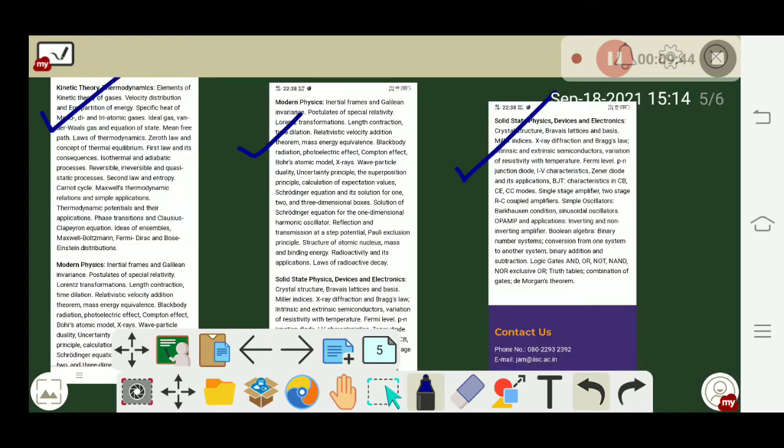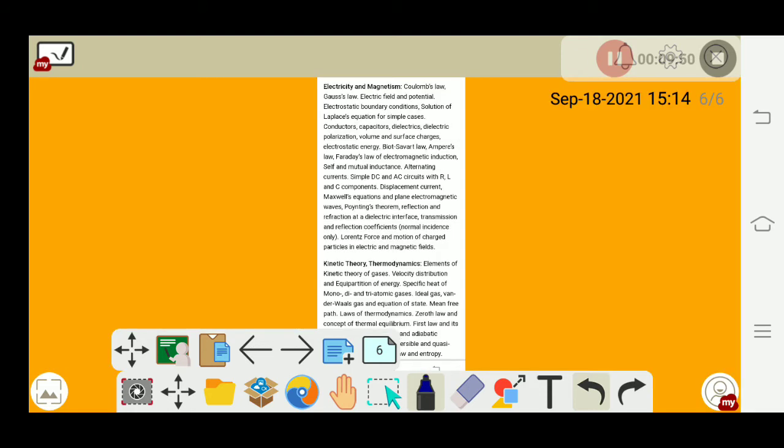So let's go to the next page. Here, let me first discuss electricity and magnetism. This portion I have separated because this is the most important portion, equally to classical mechanics. From electricity and magnetism, everything is important. I can't comment on this.